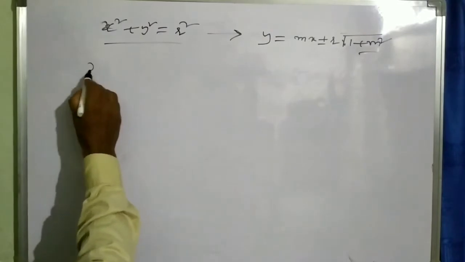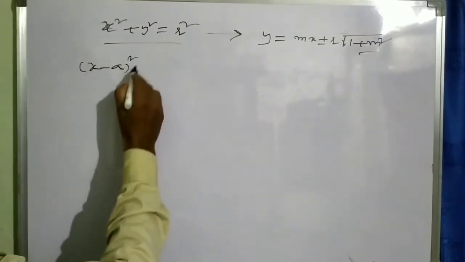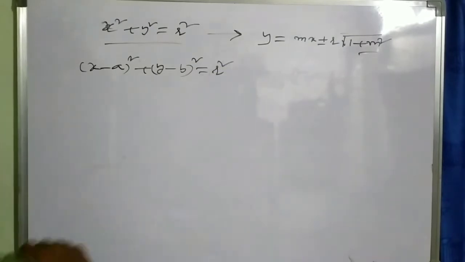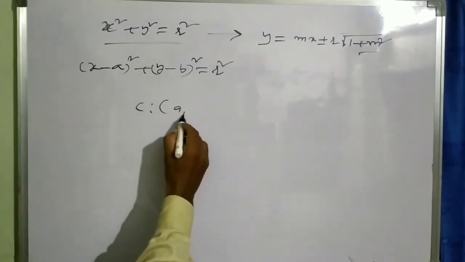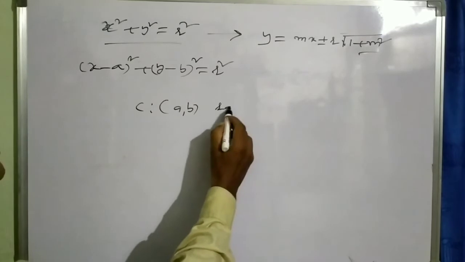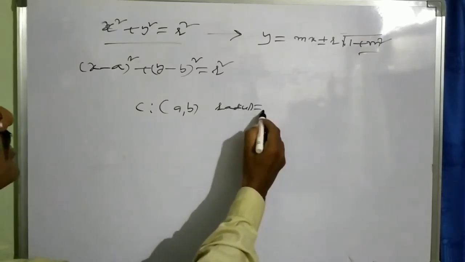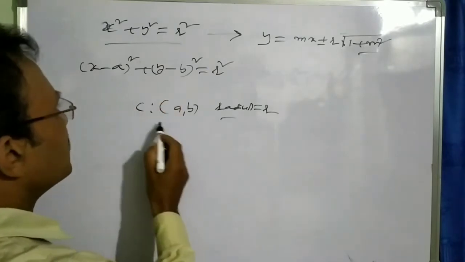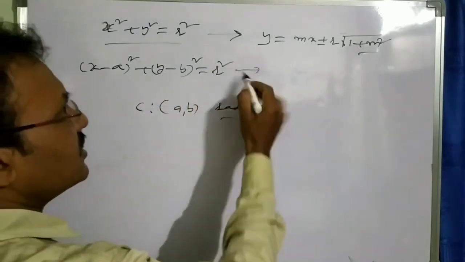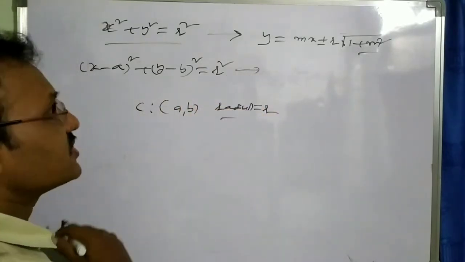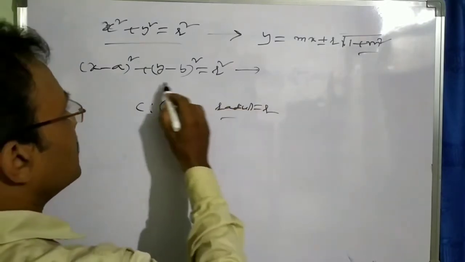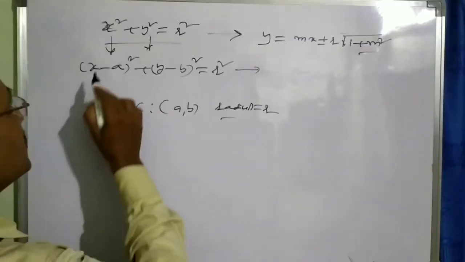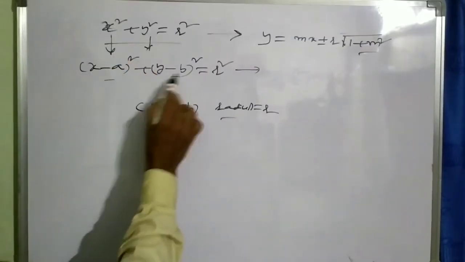Suppose in case of the circle x minus a whole square plus y minus b whole square is equal to r square, its center is a comma b and radius is r. Here the change in the tangent equation occurs because the origin is shifted to the point a comma b.